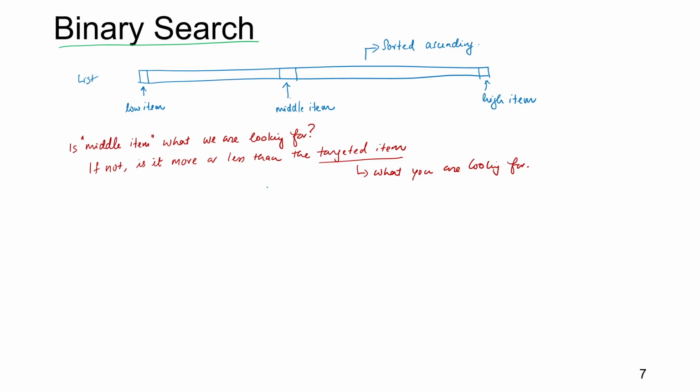Now, let us assume that the targeted item, what you are looking for, is lesser than the middle item. If the targeted item is lesser than the middle item, where will you find it?